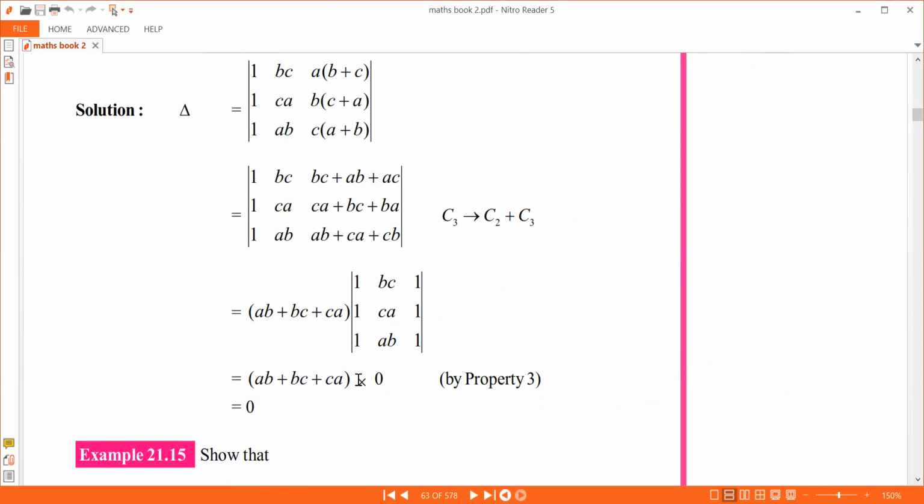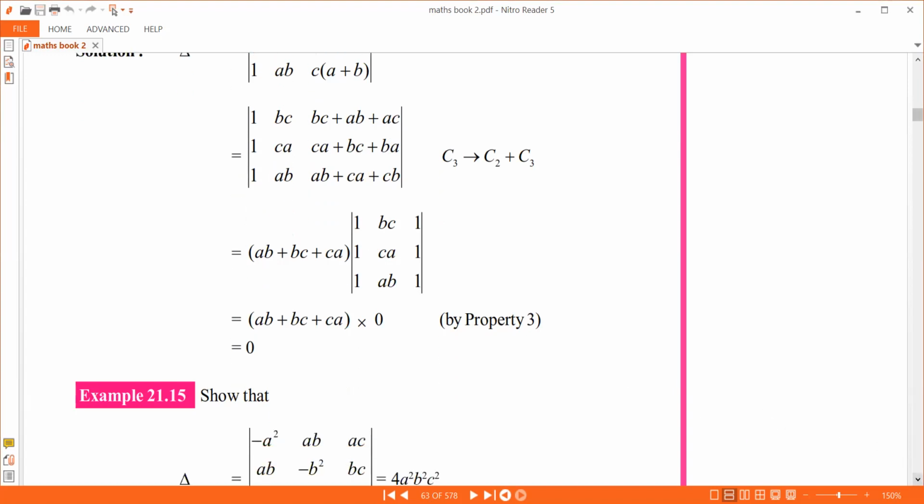You can get AB plus BC plus CA everywhere in one single column, and when you take that common, you get 1 1 1, BC CA AB, and 1 1 1. In a determinant, if two columns or two rows are equal, then the determinant is 0. So if you take C1 minus C3, everything is 0.